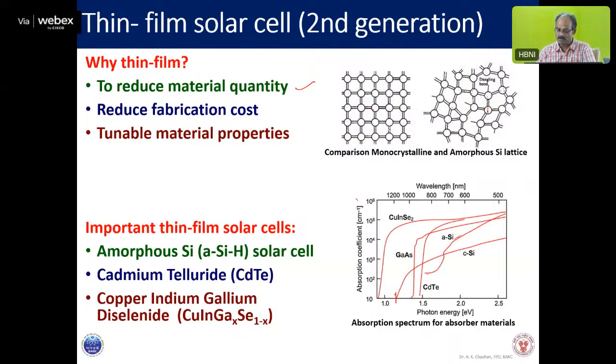So you can have a very thin layer of this material, and it can serve the same purpose. Similarly, gallium arsenide can also be used as a thin film. Above nearly this energy, the absorption coefficient is nearly 10 to the power.